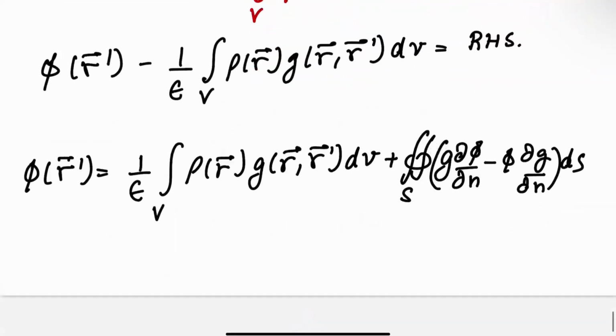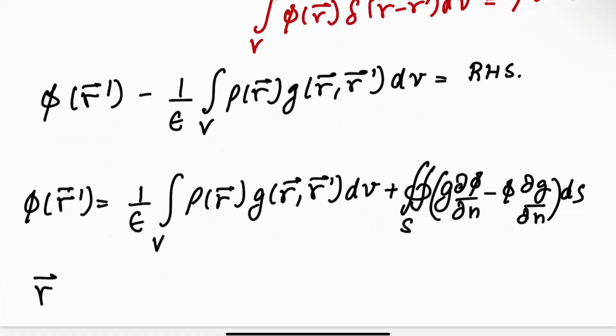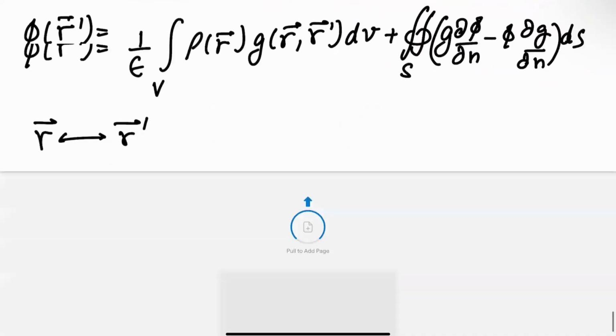And then what we want to do is make a change of notation where we replace r and r prime, because we really are going after phi of r rather than phi of r prime.